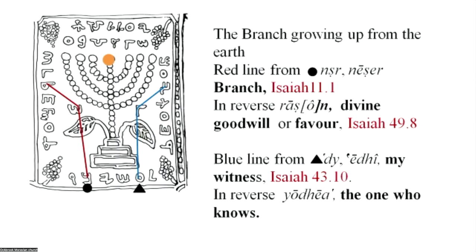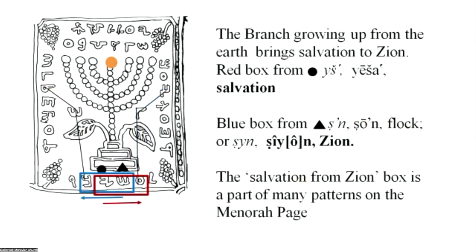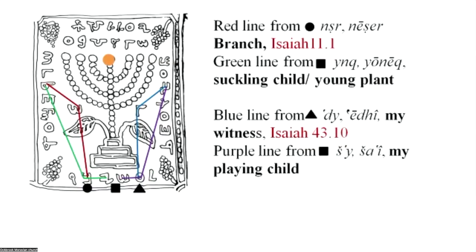So this business of heavenly knowledge and what it is, the divine way of seeing things, is very, very important for this tradition. Now, again, that pattern, the branch growing up from the earth brings salvation to Zion. And then you've got the blue blocks, salvation from Zion, a very important part of the patterns.